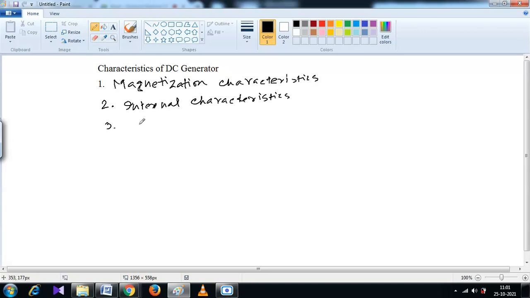And number three, external characteristics. That means there are three types of characteristics.